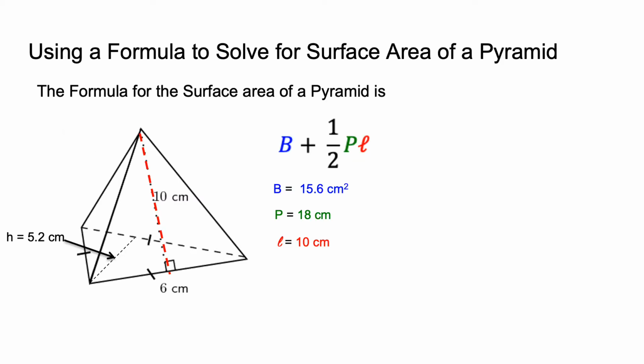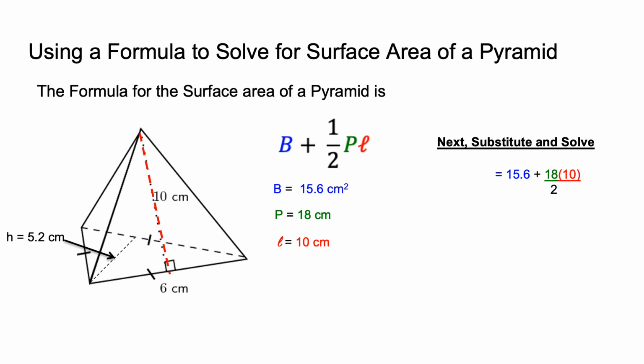We can also use the formula to solve for the surface area of a triangular-based pyramid. We are going to substitute the values that we found and solve. The area of the base was 15.6, which is 6 times 5.2 divided by 2, plus 1/2 the perimeter.